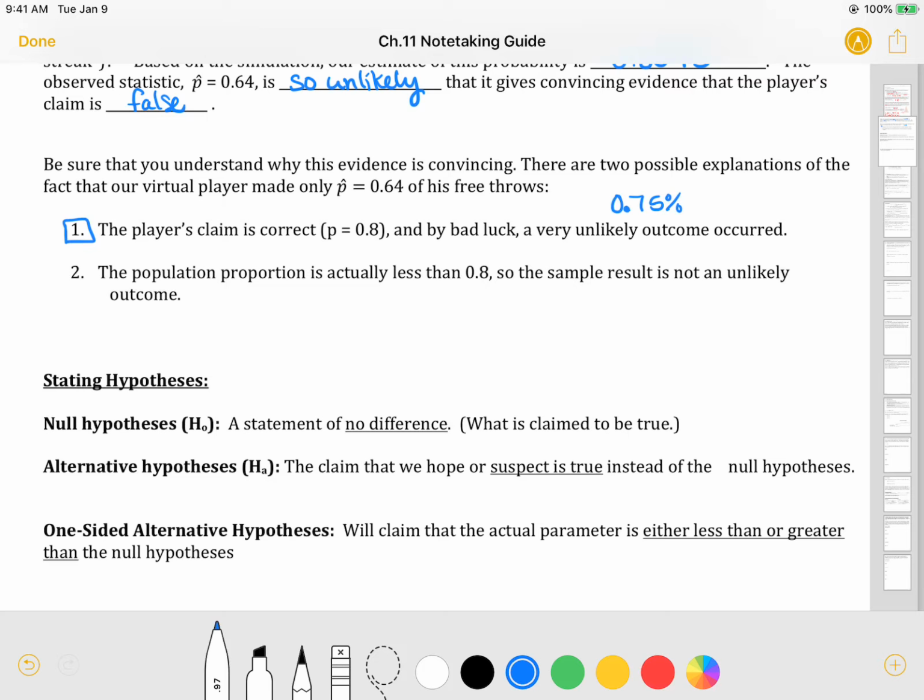Or option number 2: the population proportion is actually less than 80%. So this free throw shooter is not an 80% free throw shooter, and the sample result is not an unlikely outcome because the original statement is false, okay?